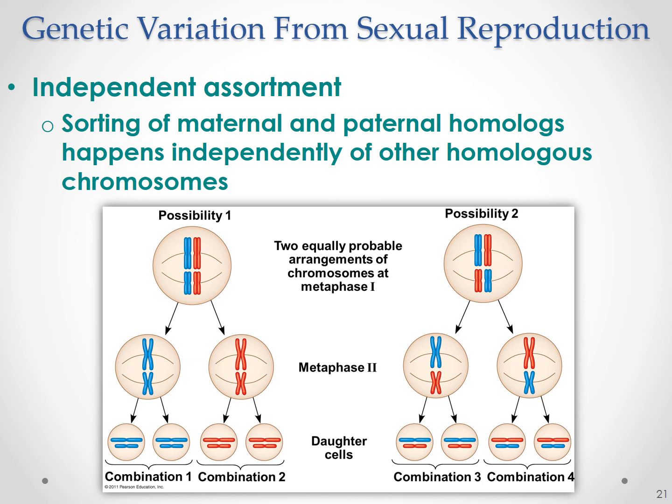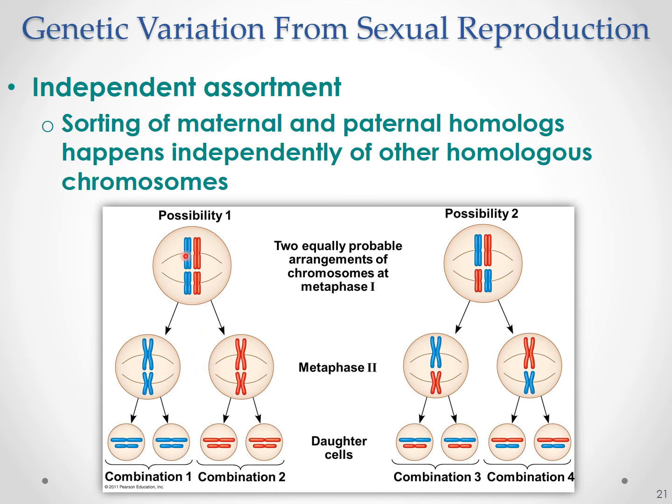Remember when we talked about metaphase 1 of meiosis and metaphase 2, there are different combinations of ways that these chromosomes can line up at the equator. When the homologous chromosomes, or homologs, separate during anaphase 1, there can be different combinations that result in those particular cells.